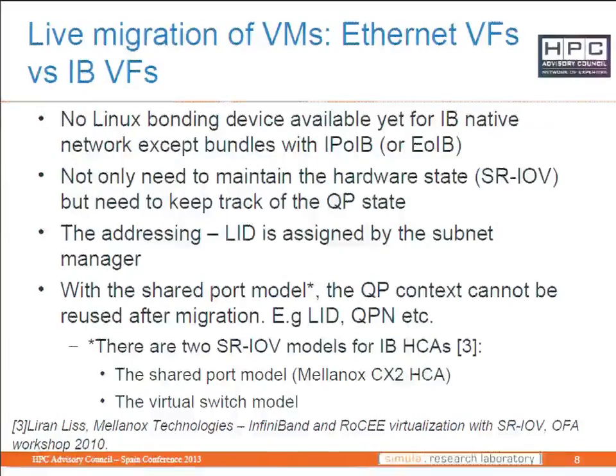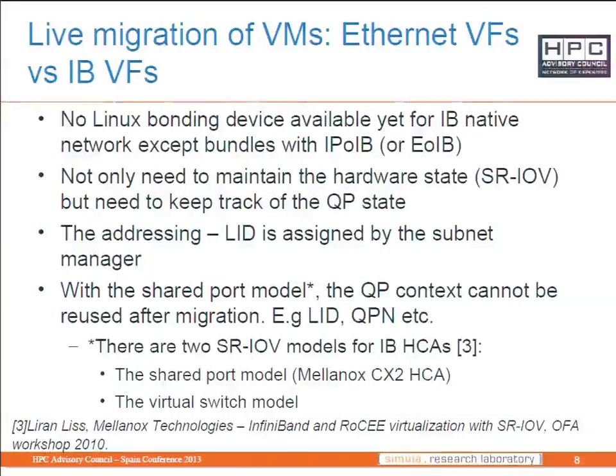But unfortunately, if we try to apply the same solution with the bonding to InfiniBand network, that's not possible. Initially, there's no Linux bonding device available yet for InfiniBand network. But the real problem as well is that in InfiniBand we do not only need to maintain the hardware state, the SR-IOV state, but we also need to keep track of the Q pairs.